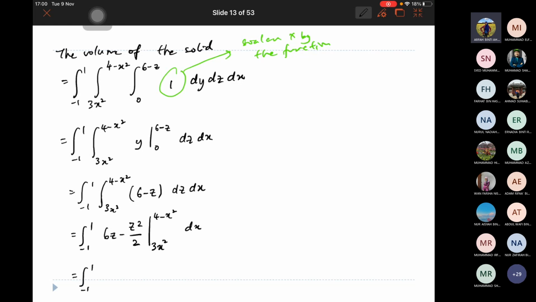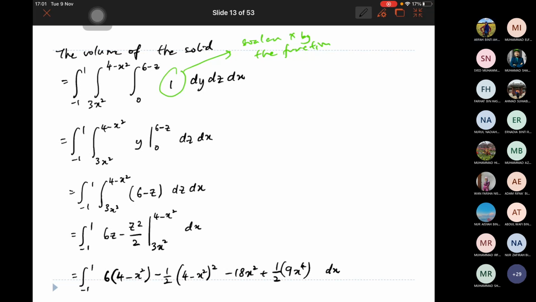So gantikan negatif 1, 6 darab 4 tolak x² tolak 1 per 2, 4 tolak x kuasa 2 tolak 18x kuasa 2 tambah 1 per 2, 9x kuasa 4. Okay. Dx. So dia agak panjang. Saya ambil masa awak sikit 51 minit.